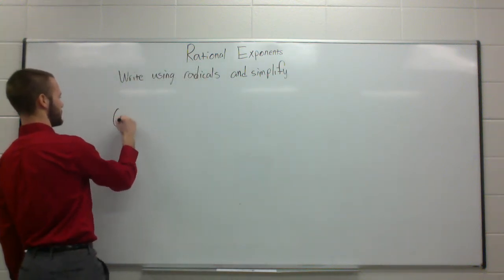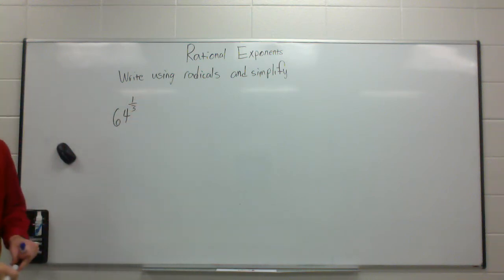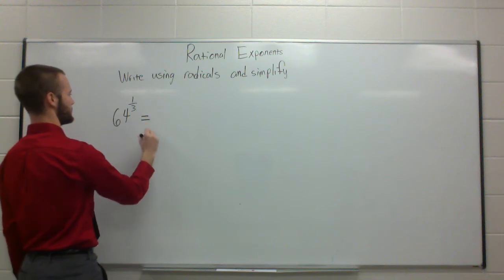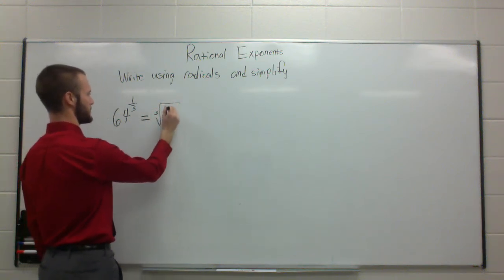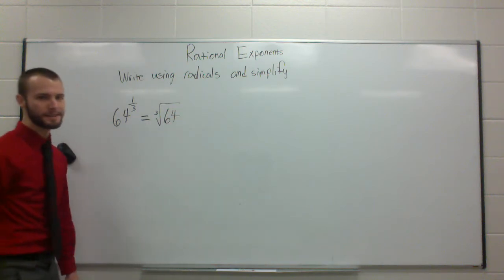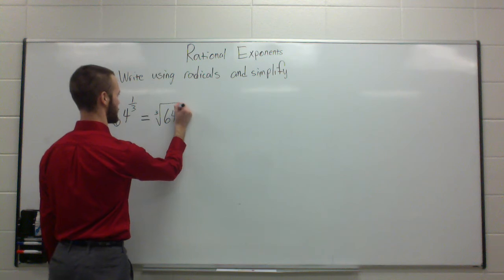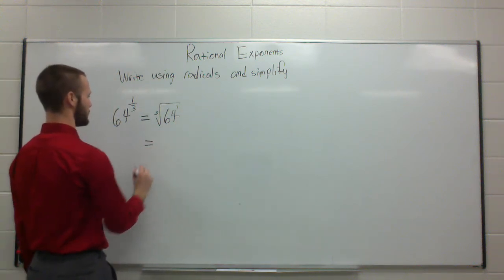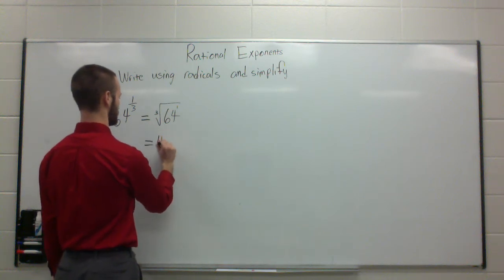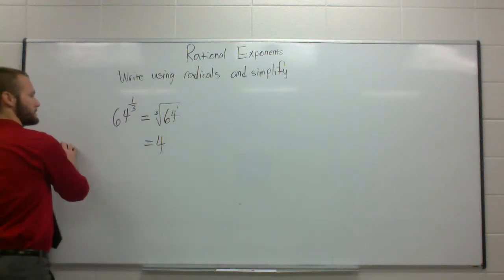So 64 to the 1/3 power. So I know that this is the cube root of 64. And 64 to the 1st power is just 64. We can write the 1st power if you want, but it's just 64. And the cube root of 64 is 4. 4 times 4 is 16, and 16 times 4 is 64.